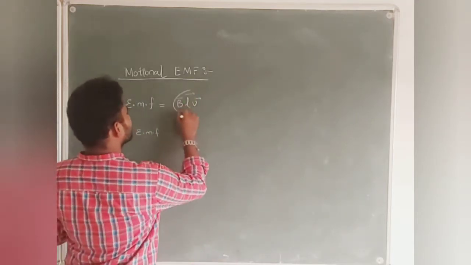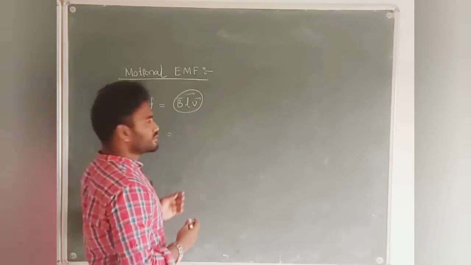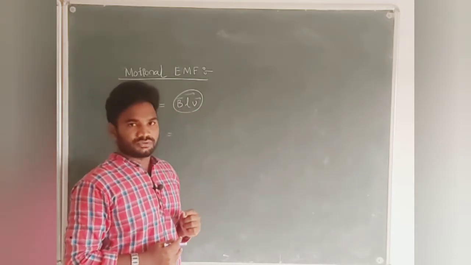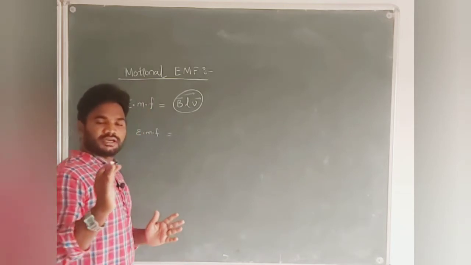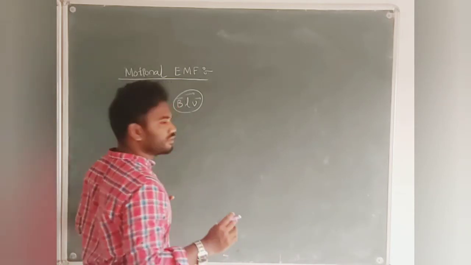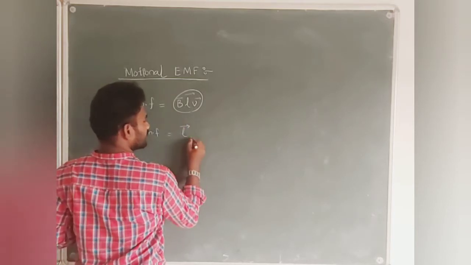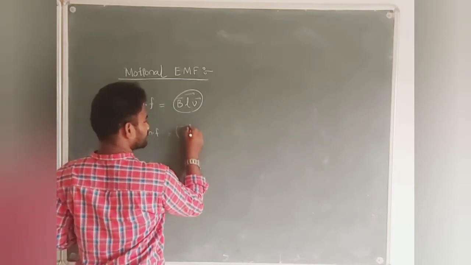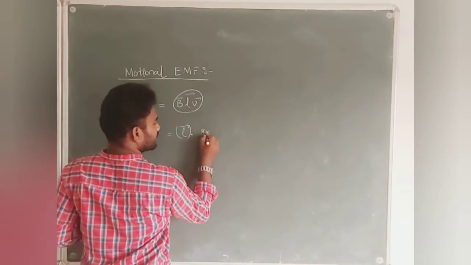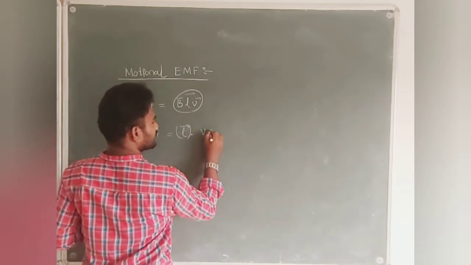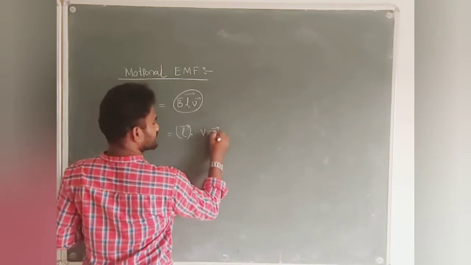It is the product of three variables. What are they? Magnetic field, length and velocity. So for your information, I will tell you the direct formula for EMF. Write down that formula, students. That is L bar dot, B bar cross V bar. I am sorry, V bar cross B bar, students.